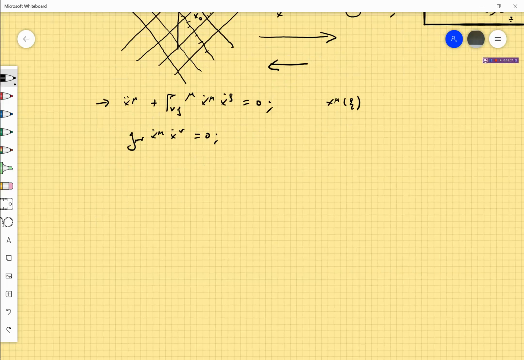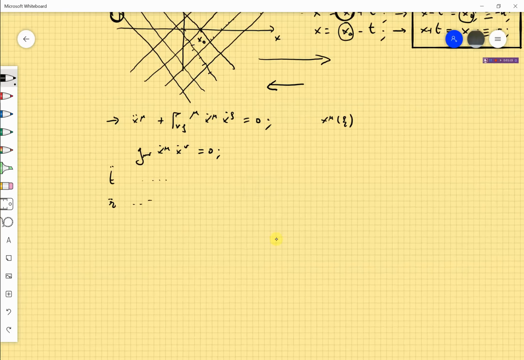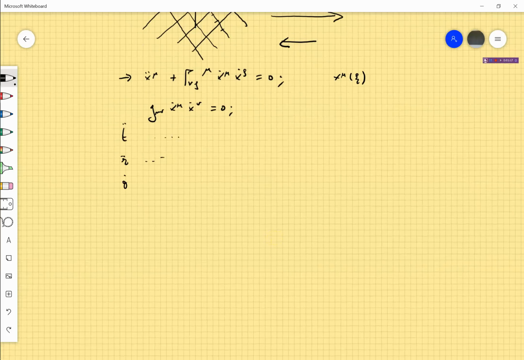There is one for each coordinate: t double dot, r double dot, theta double dot, and phi double dot.